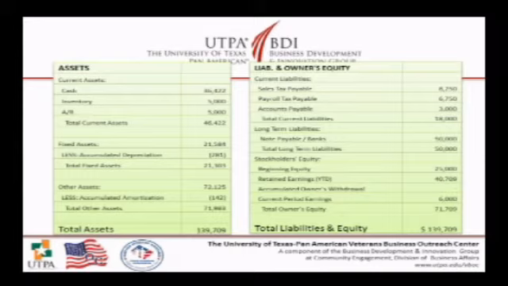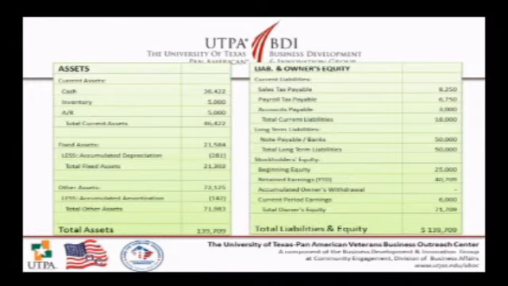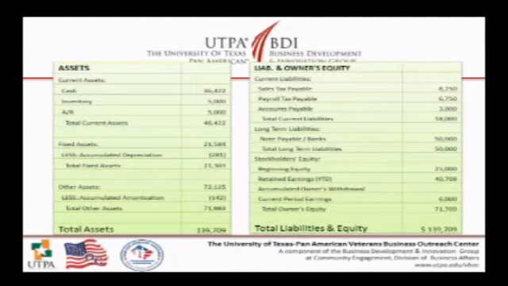This is a snapshot of a balance sheet. And you can see there on the left, it has assets, and the assets are divided into current assets, fixed assets, and other assets, with the total assets at the bottom. And that's compared to liabilities. You have the current liabilities, long-term liabilities, and you add those together, and then you have stockholders' equity.